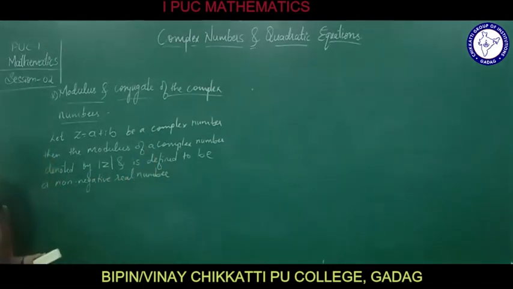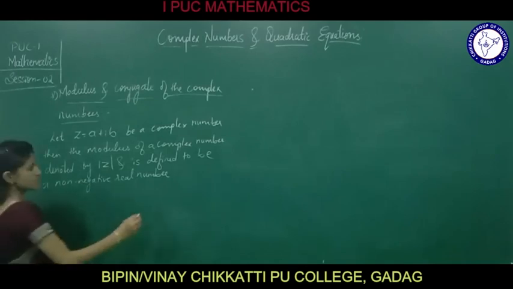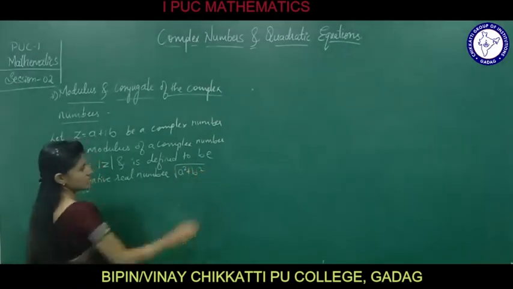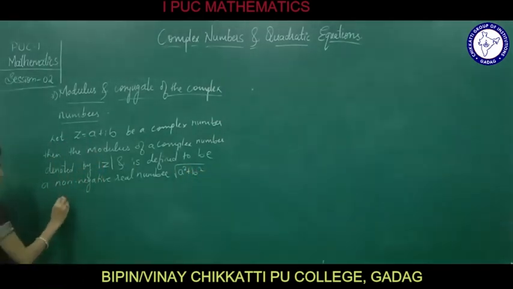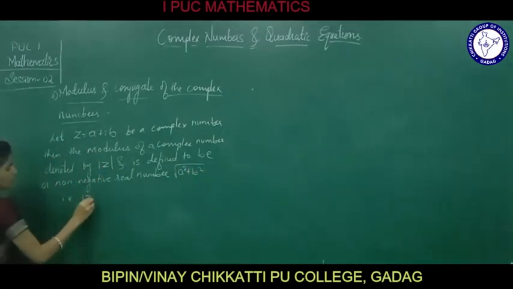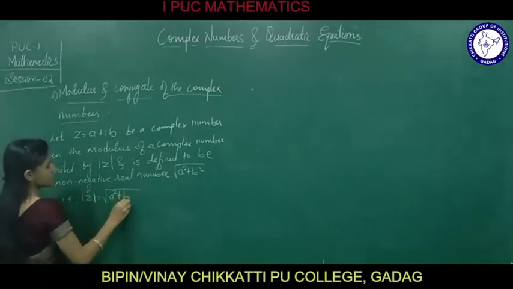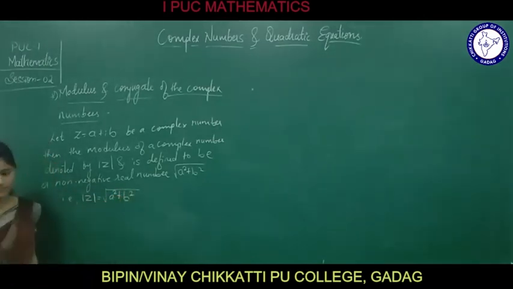That is, root of a square plus b square. That is how we are going to write it: modulus of z, or mod z, will be equal to root of a square plus b square.